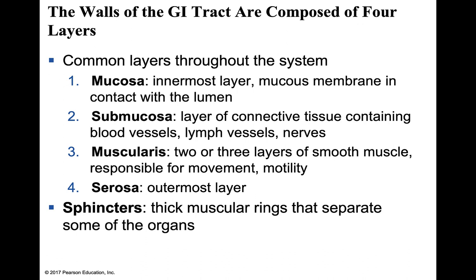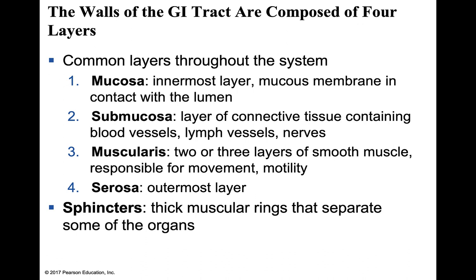Submucosa, that is a layer of connective tissue. And what we'll find there are blood vessels, lymph vessels, and nerves. Then we have the muscularis. This is the smooth muscle component. And depending upon where you are, there's 2 or 3 layers. And what we'll notice here is that smooth muscle is responsible for movement, and you may be familiar with the term gastric motility.